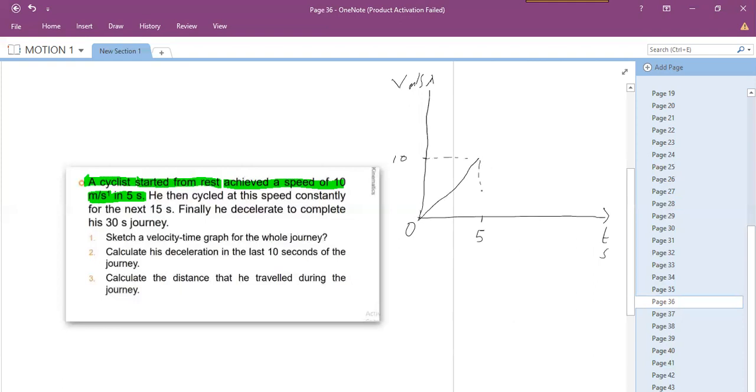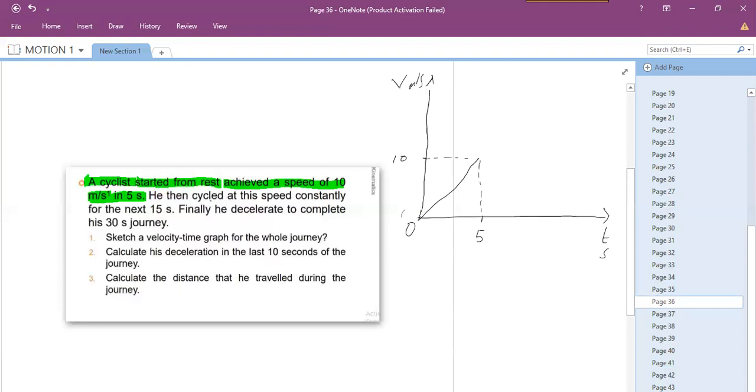How do I know that this person was accelerating? Because he started from rest, then achieved a speed. So there was a final velocity, 10 meters per second, minus an initial velocity, 0 meters per second, over a time of 5 seconds. So for now, this is how the graph looks.